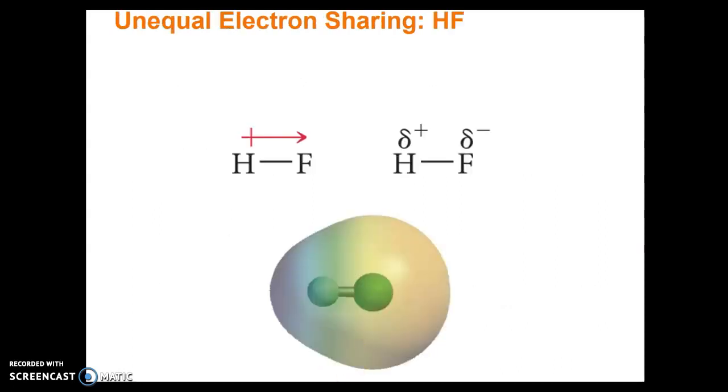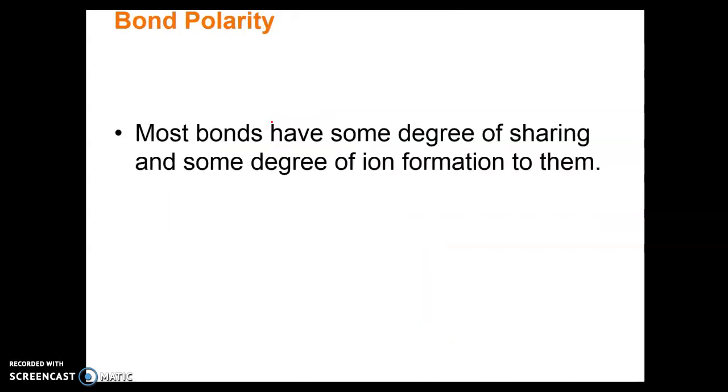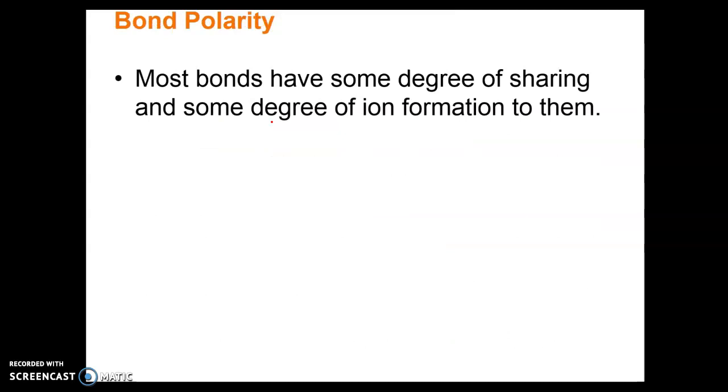This is nice because it shows this from the standpoint of if you divide this out here, and if you look at that, the plus right here says that's where the partial positive is, and then the electrons are being pulled towards the right, towards the fluorine. And as you remember, probably fluorine was extremely electronegative.